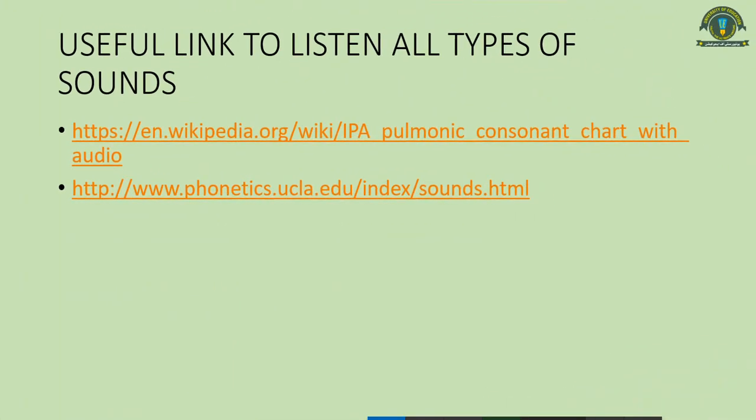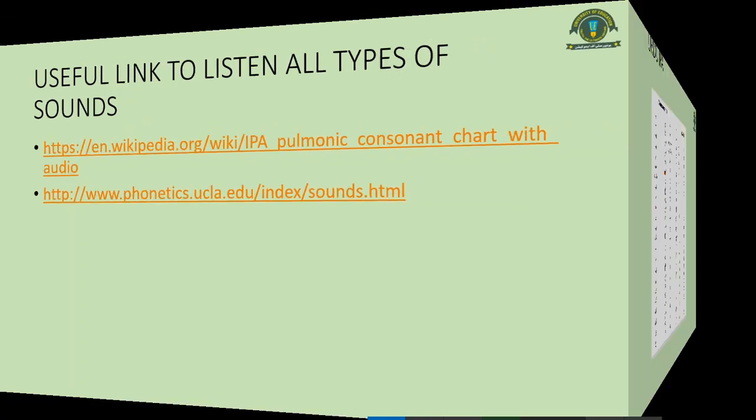The second link also gives you the titles of the sounds. For example, it will tell you that this is an ejective sound, this is an implosive sound, this is a creaky sound, and you can click on the sound of your choice that you would like to listen to.